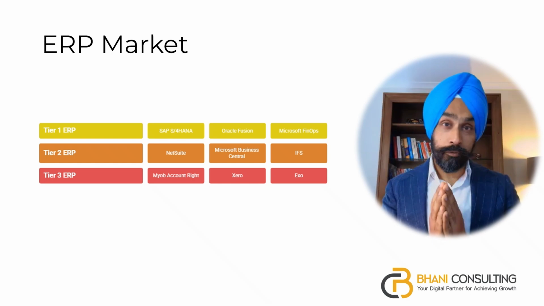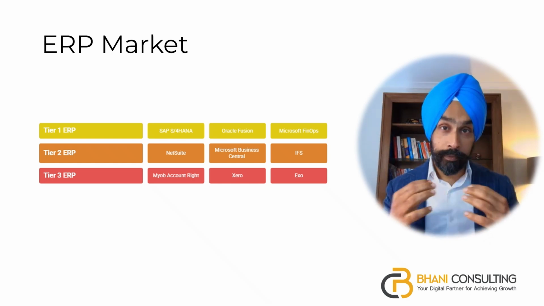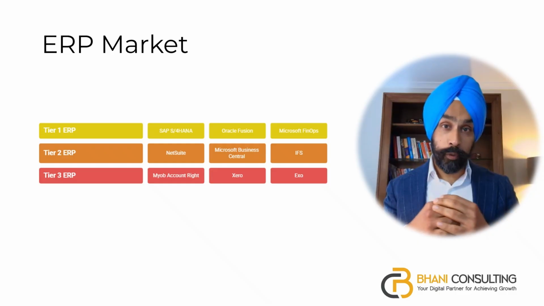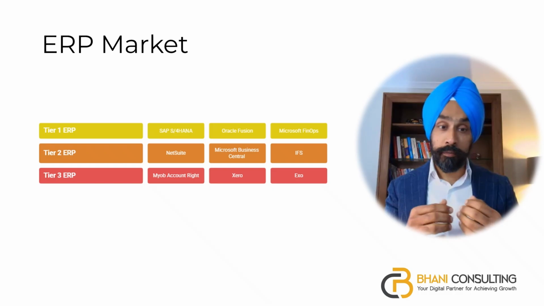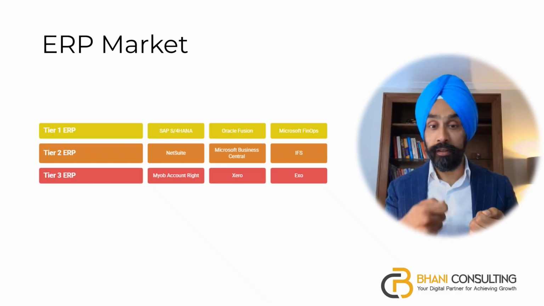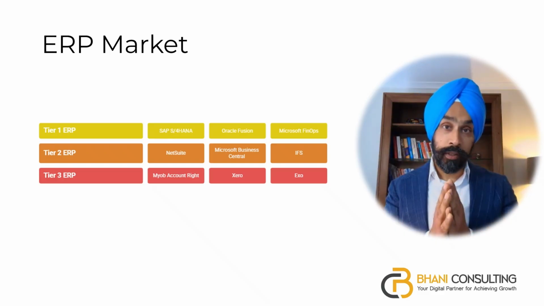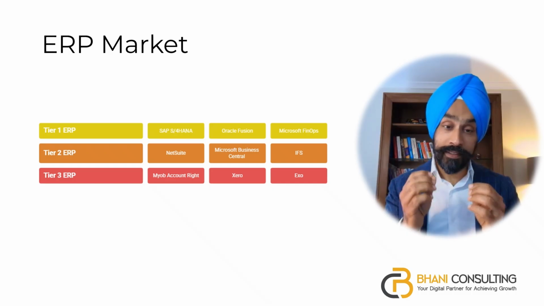So it is really important for us to understand if we are big corporate, complex business, we should be looking at tier 1 ERP software. And then we should be looking at SAP comparing with Oracle and Microsoft FinOps. This is not an exhaustive list, obviously, but this is a starting point.